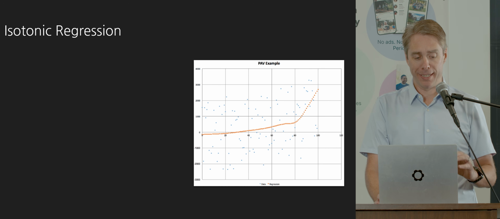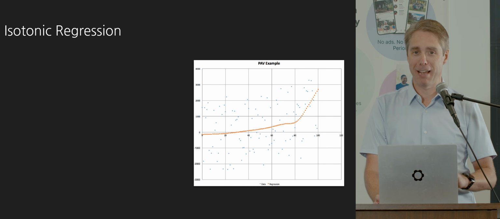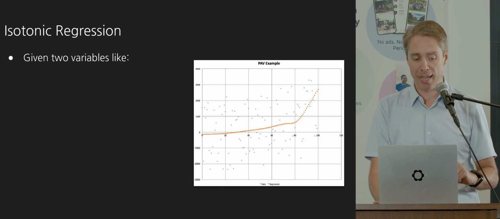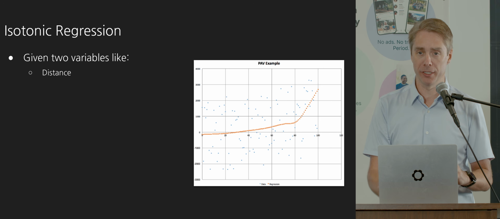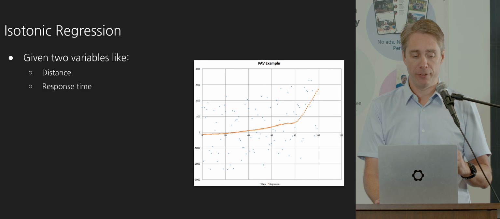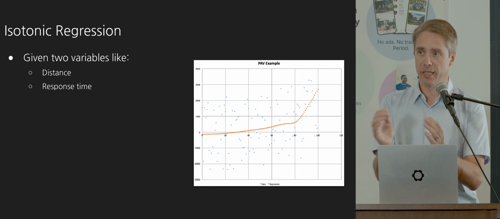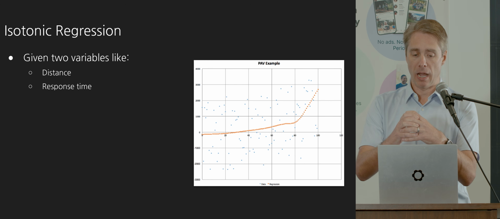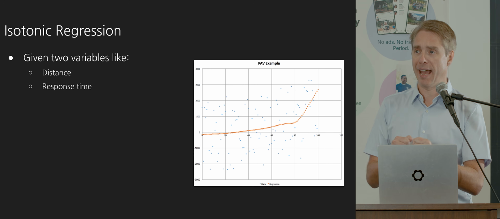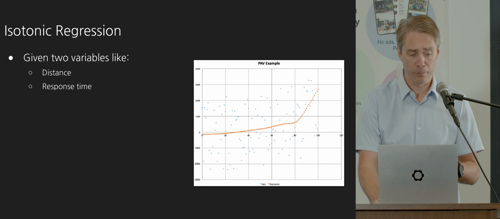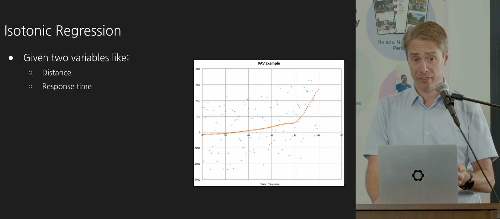Well, taking a step back, one of my favorite algorithms is called isotonic regression. Isotonic regression is where you have two variables. In our case, let's say it's distance, the distance between the key that you're looking for and the peer that you're thinking about routing to, and response time.